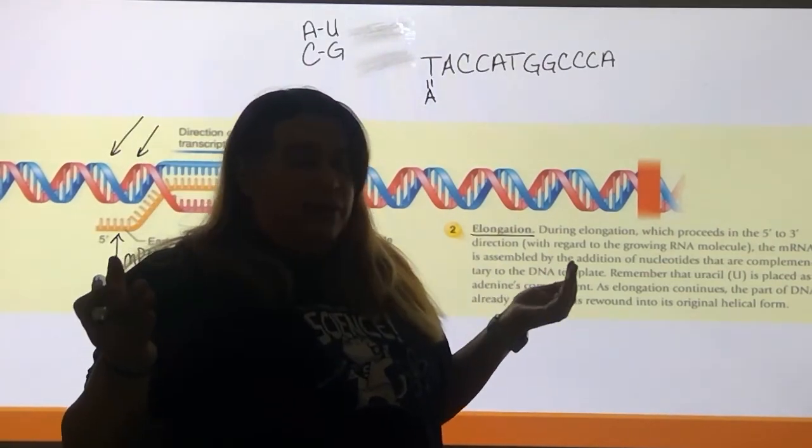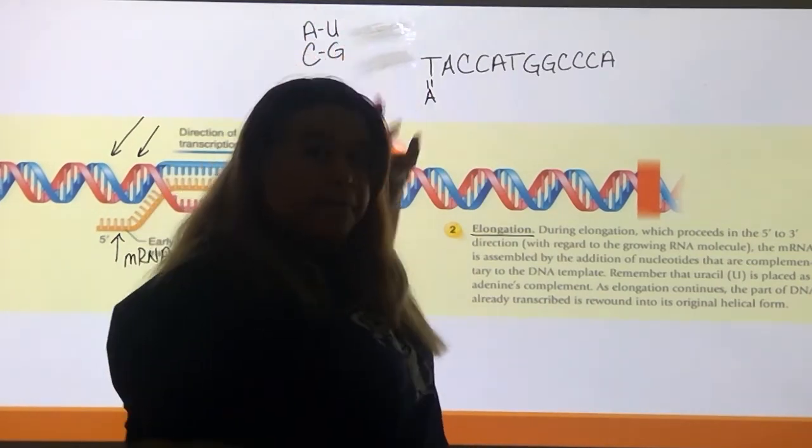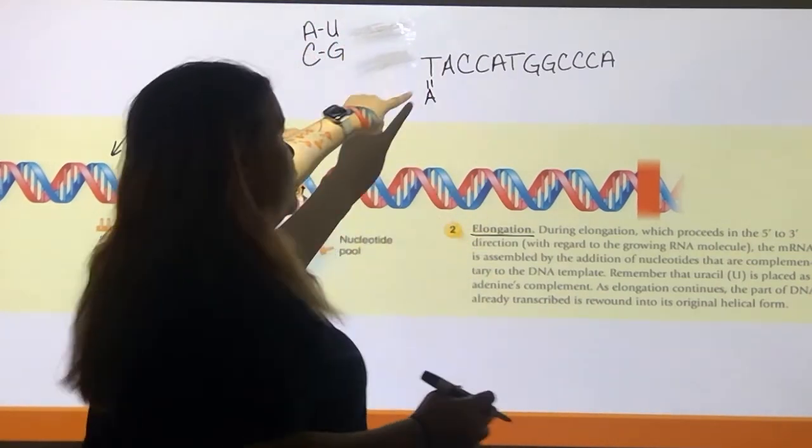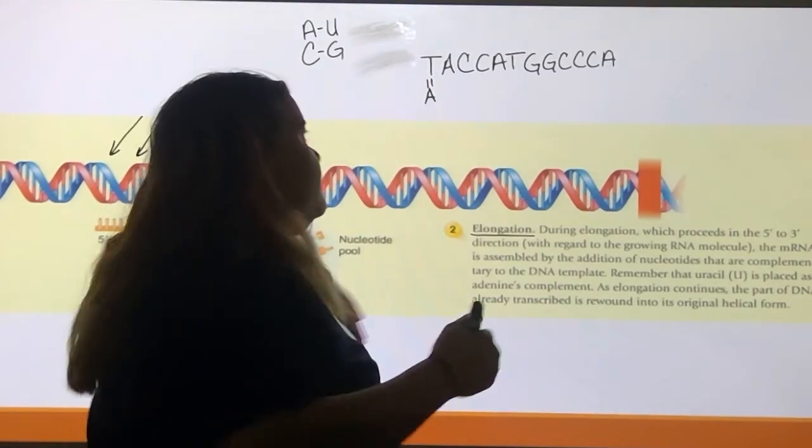All I have that can go across from T in my pool of options is the adenine. So adenine still goes across from thymine.